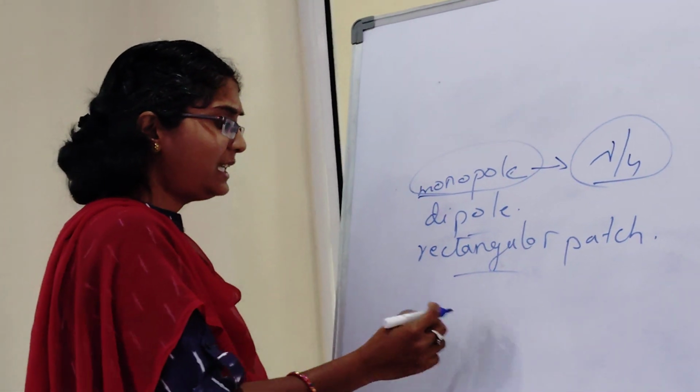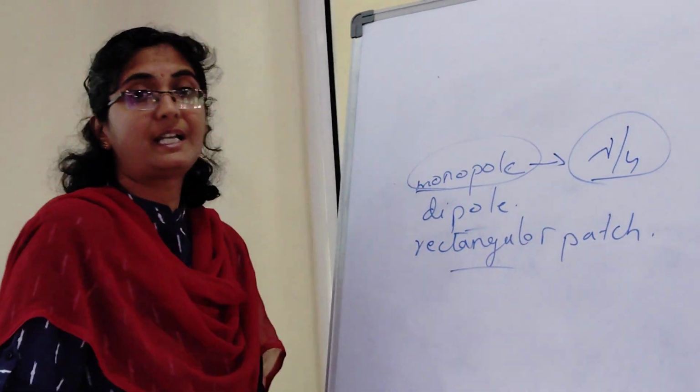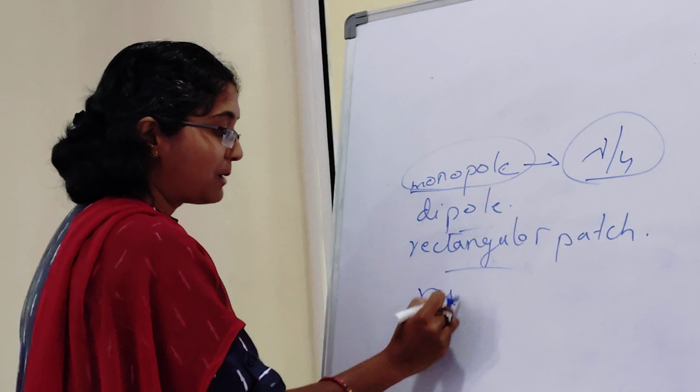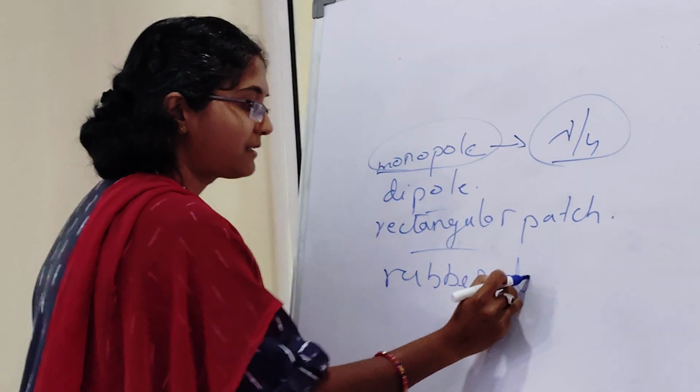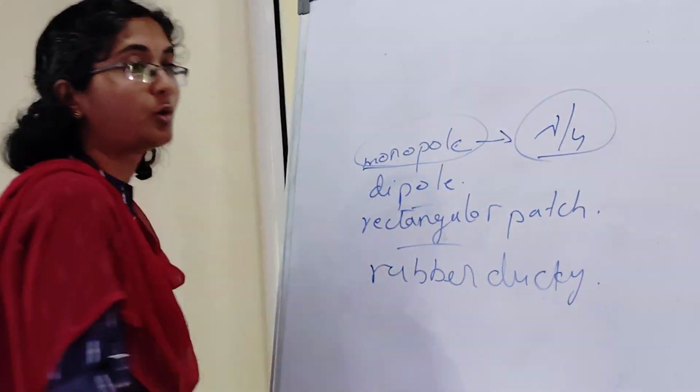And the type of monopole antenna we are going to use is a rubber ducky antenna, the rubber ducky monopole antenna.